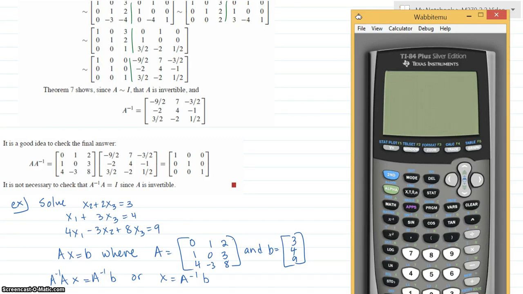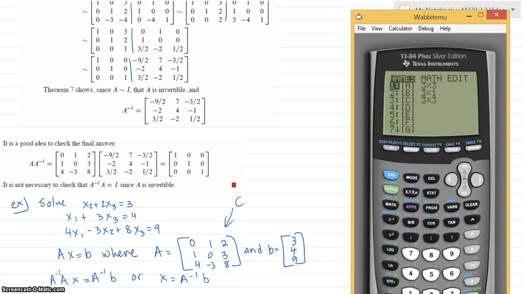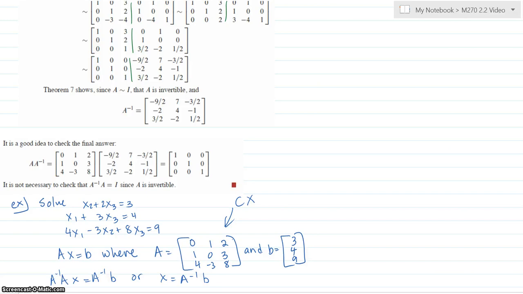So I'm going to go back to matrix, second matrix. I have that in my C, but we need to type in our B. We can do that in D. So really I'm going to solve CX equals D, aren't I?